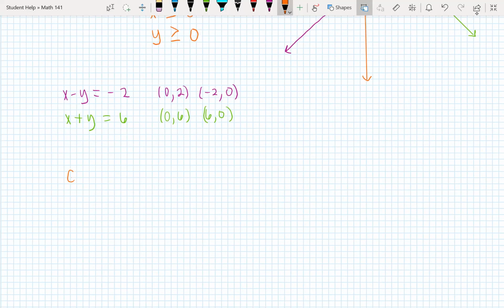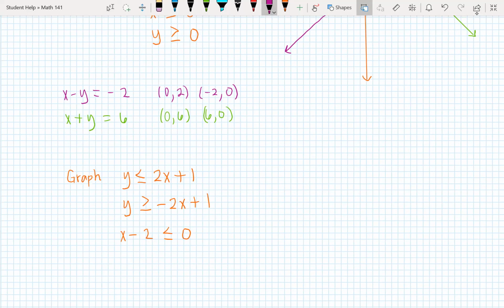Let's graph y less than or equal to 2x plus 1, y greater than or equal to negative 2x plus 1, and x minus 2 less than or equal to 0.